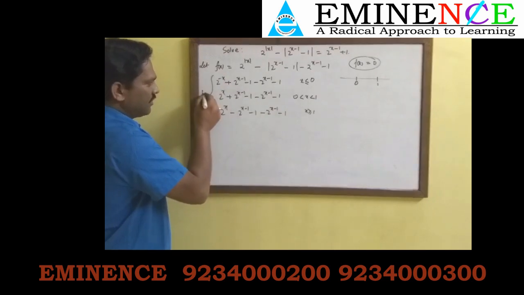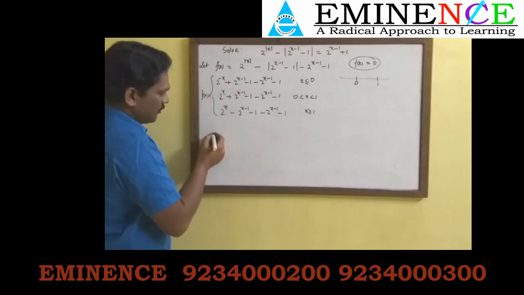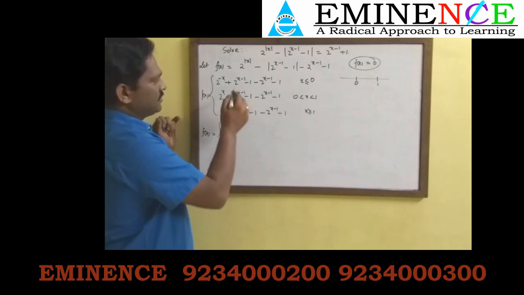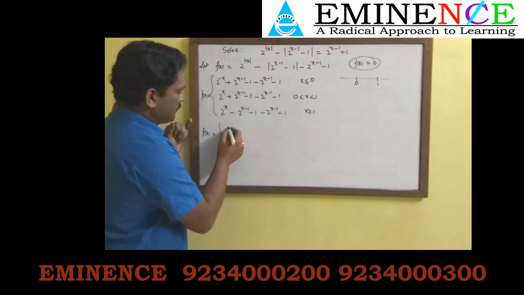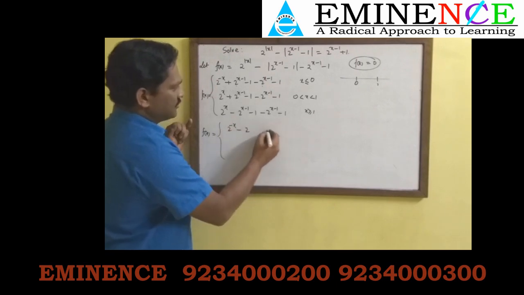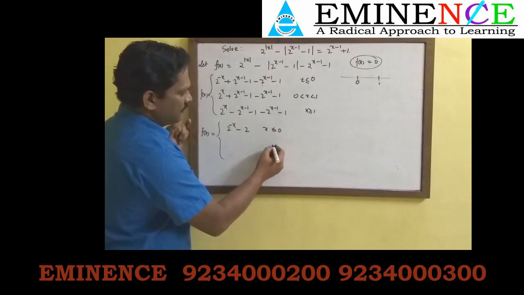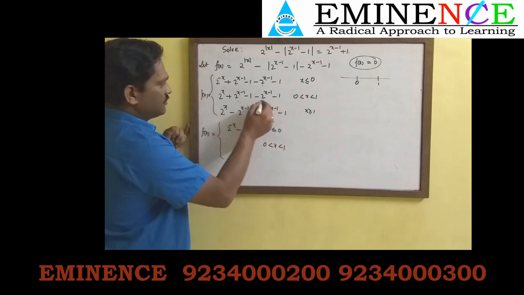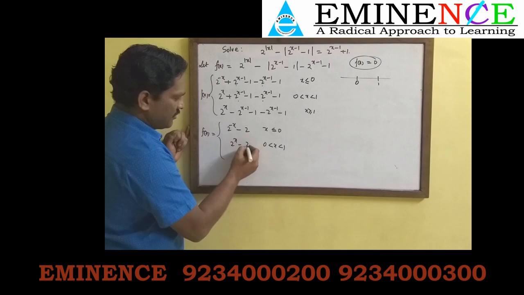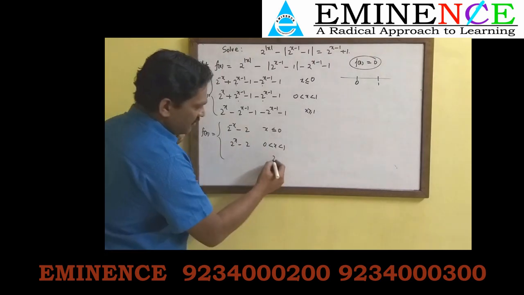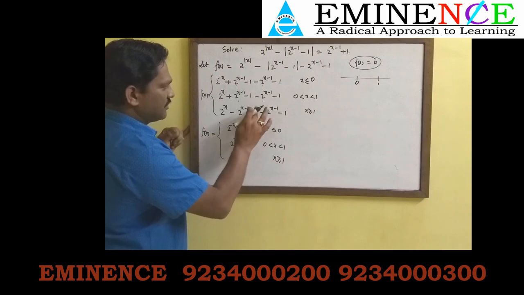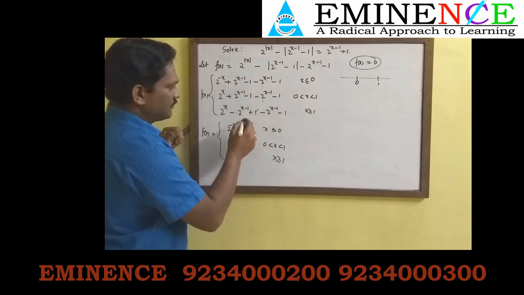Now if this is my f(x), now let us simplify this. So what do you get? See, this term gets cancelled with this one. So 2 to the power x minus 2 for x less than or equal to 0. For x greater than 0 less than 1, see these two get cancelled. So 2 to the power x minus 2. For x greater than or equal to 1, it is 2 times, sorry, this will be plus 1.